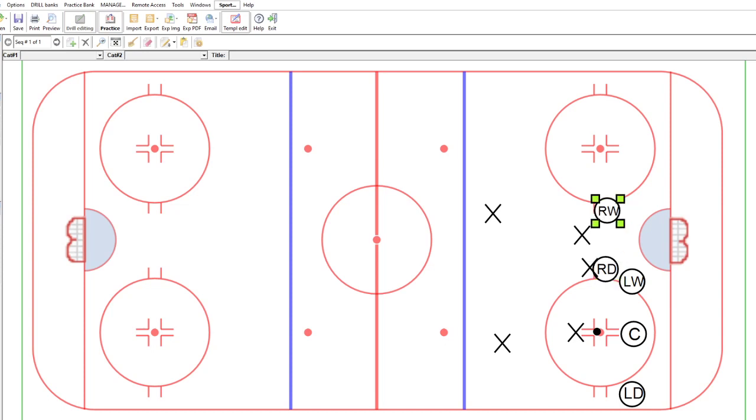This winger's objective is still to get out to this point. In this scenario, this left defenseman now comes over and he mans up here, right? So we have our two defensemen manned up with their forwards, and then this winger is still going through. So no matter what they do positioning wise, our two wingers' objective is still the same. We just want to make sure that we're matching up appropriately.